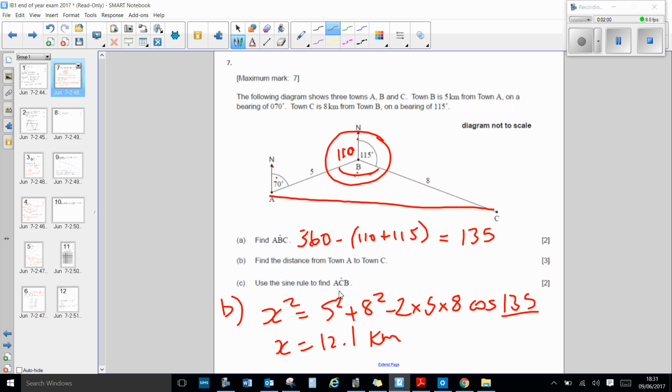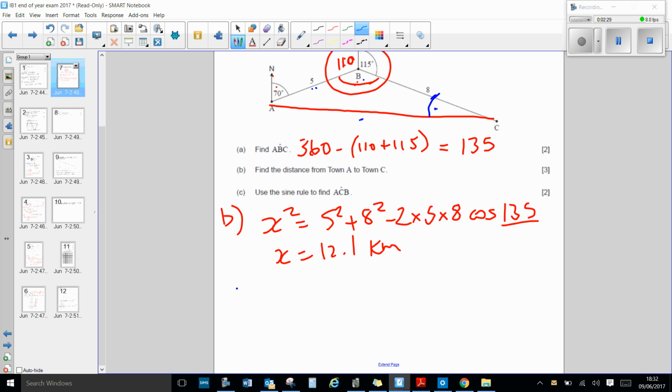Use the sine rule to find ACB. ACB, so we're trying to find this angle here. If we're asked to use the sine rule, then we're going to use this angle here with this one and the value we just found with the 135.